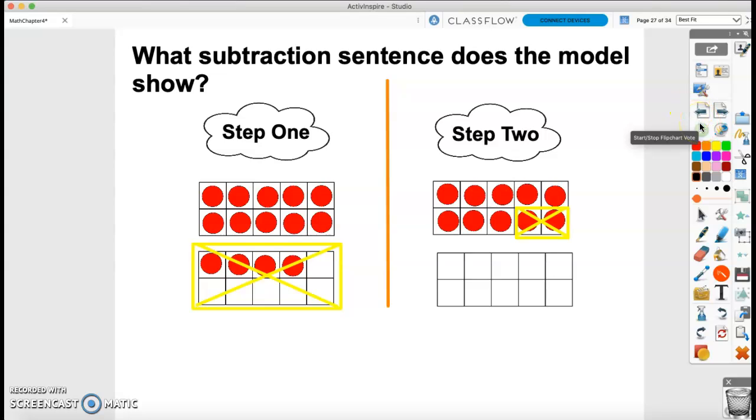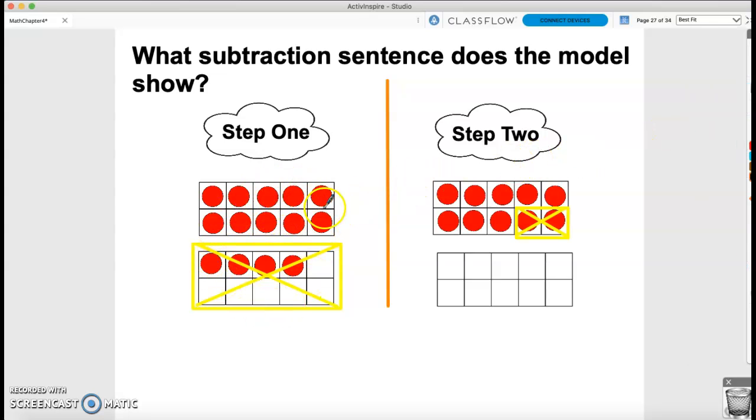This time we have to figure out a subtraction sentence to go with this. So we need to know how many did we start with in step 1. We started with a whole 10 frame and 4 more. So we started with 14.